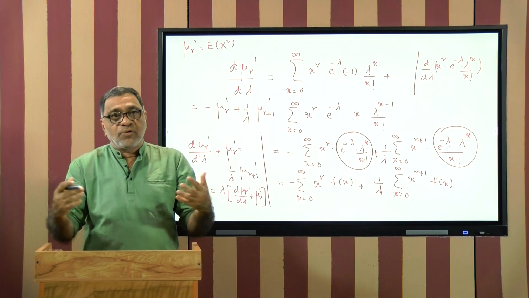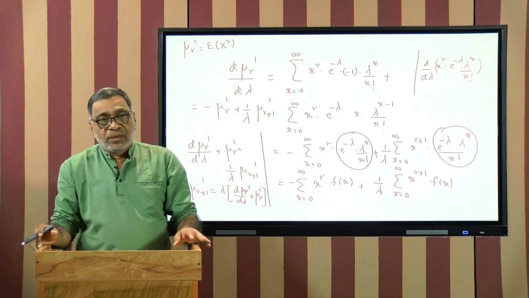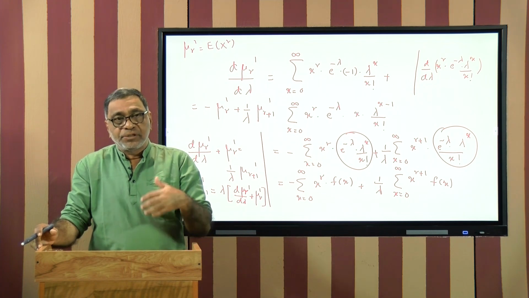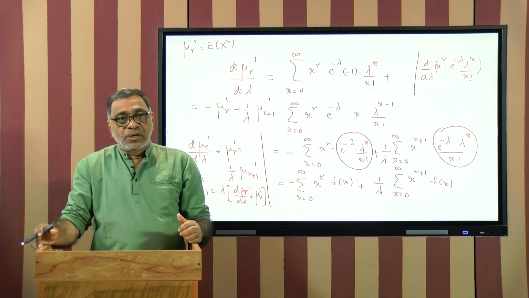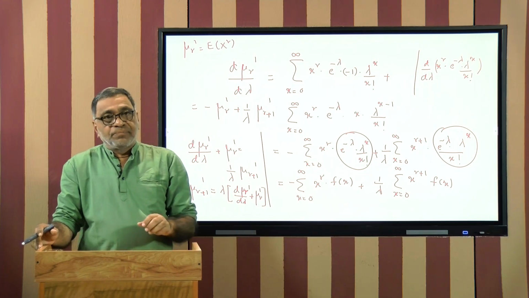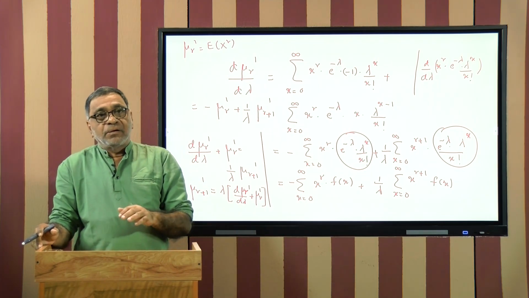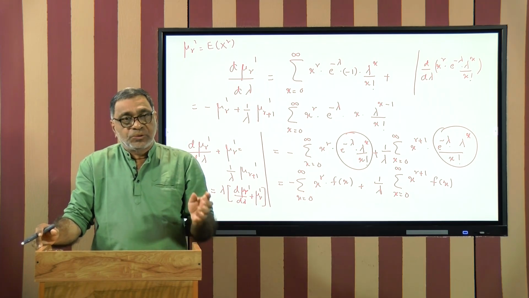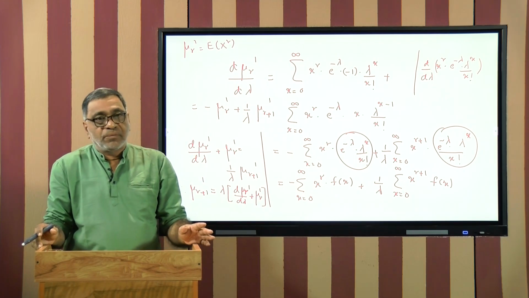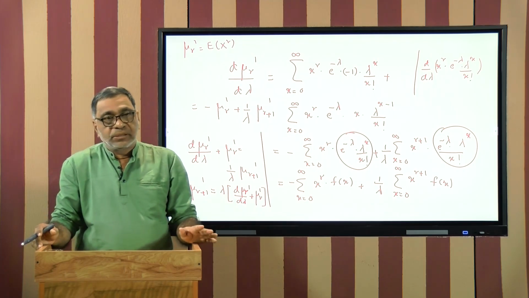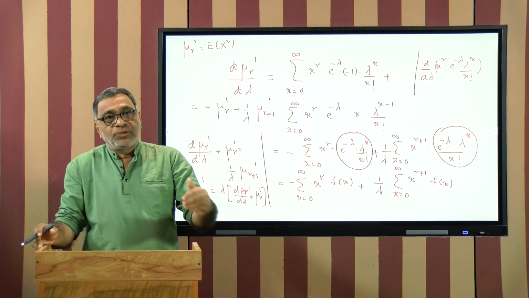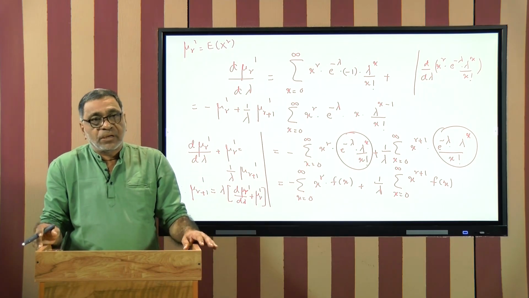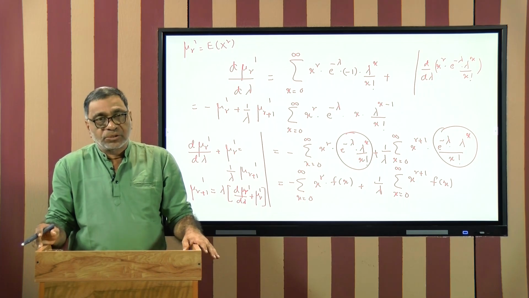So, the advantage of this formula is, if we know the first arbitrary moment, second arbitrary moment, third arbitrary moment, etc., values are obtained by finding the previous arbitrary moments. If μ_1' is available, you can find μ_2'. If μ_2' is available, you can find μ_3'. So, all the arbitrary moments are available from this recurrence relation.